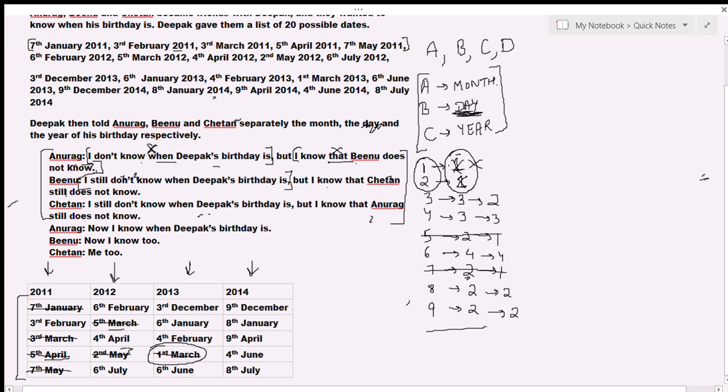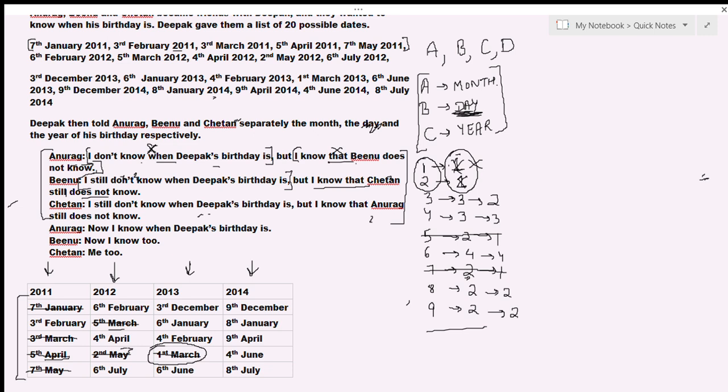Now, the next part. I know that Chetan still doesn't know. How is he sure that Chetan still does not know? Chetan knows the year. If there is only one date in a particular year, then Chetan would be knowing. Suppose Chetan is given the year 2011.